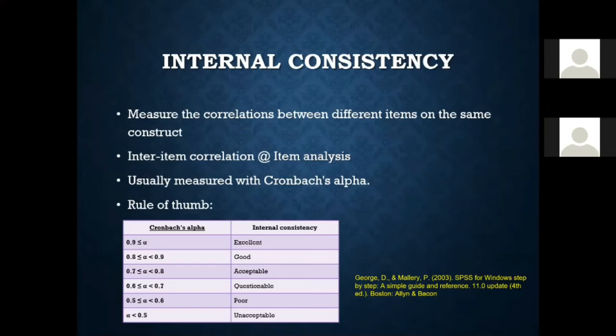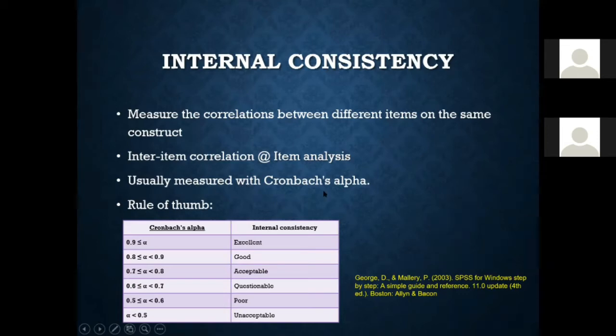My mentor, Prof. Bahar, always told me that internal consistency is about inter-item correlation, so the correlation between each question in the questionnaire. If it is high, then it has good internal consistency. It measures the correlation between different items on the same construct, and sometimes internal consistency is called item analysis in old books.